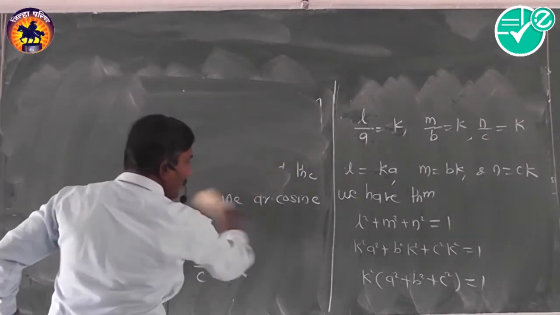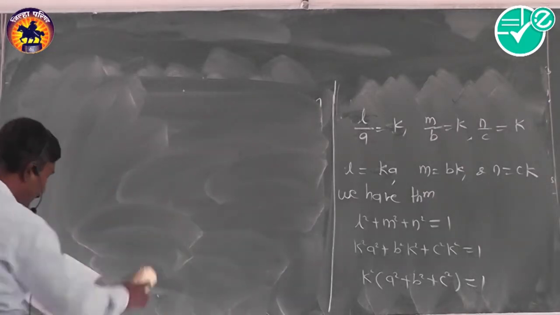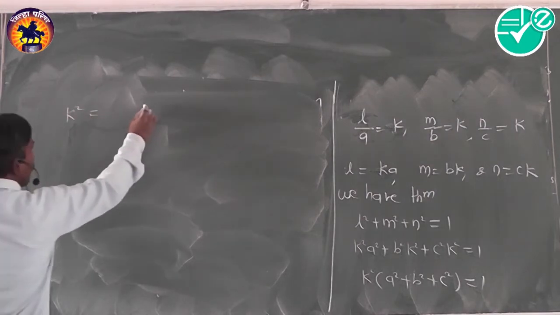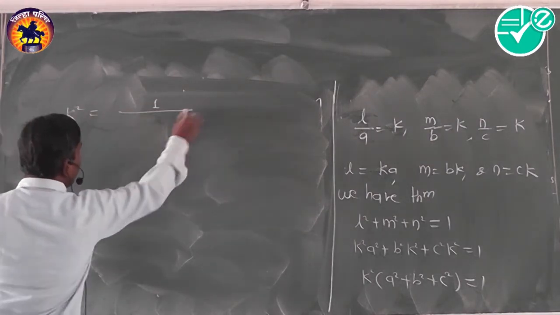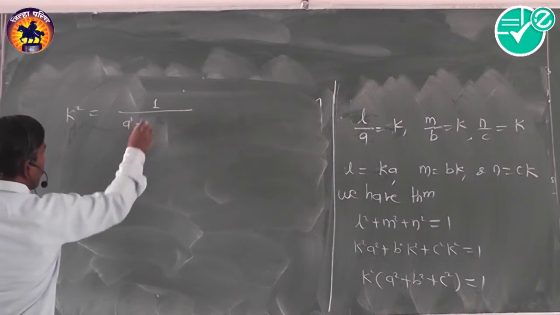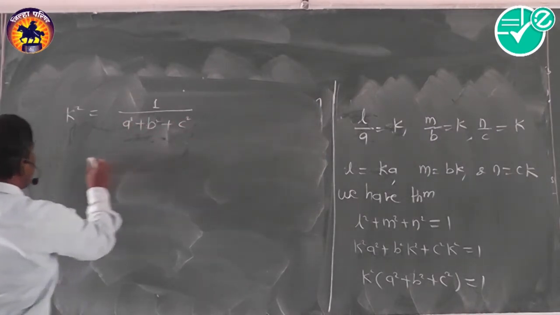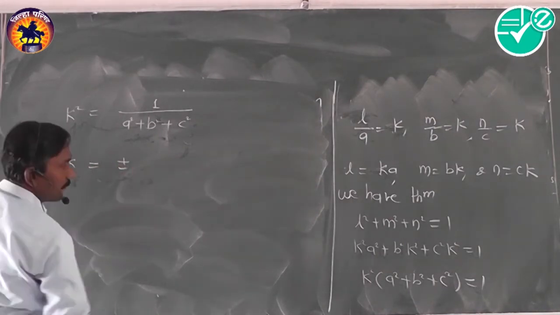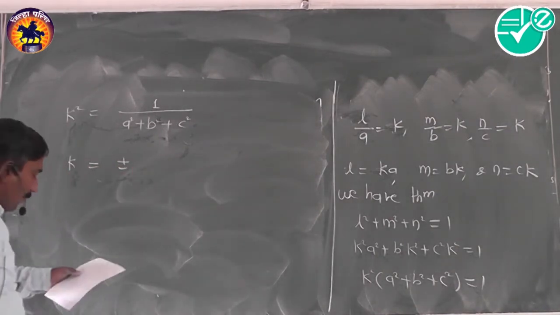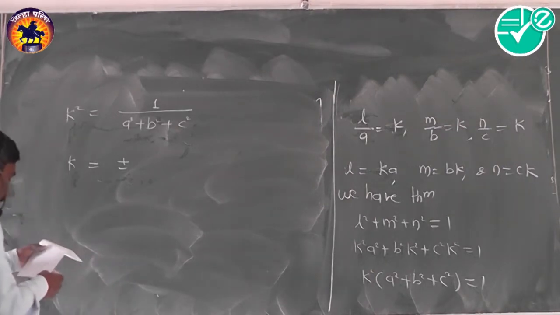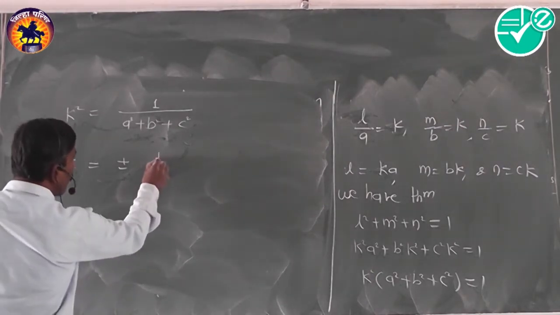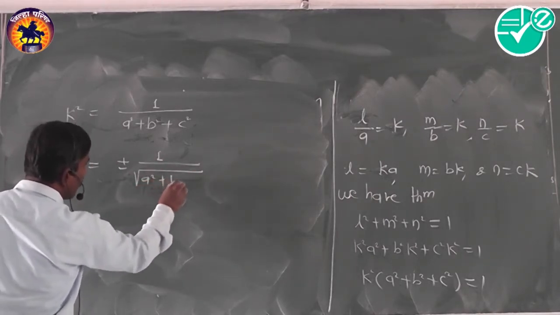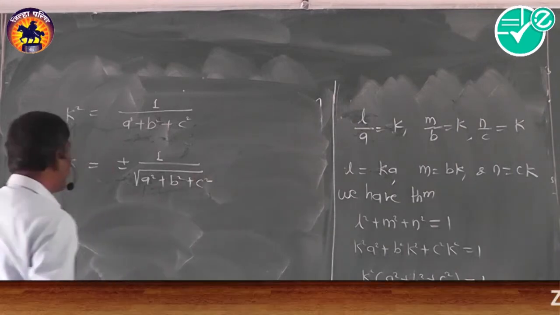Now this will be K square is equal to 1 divided by A square plus B square plus C square, and that is K is equal to plus or minus 1 under root A square plus B square plus C square.